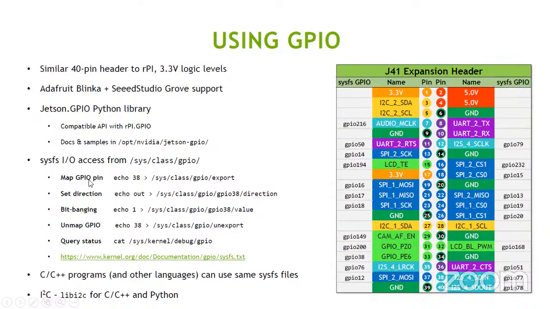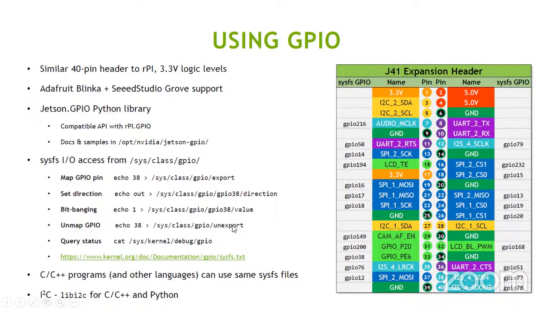This is for mapping the GPIO pin, to say that we are going to use GPIO pin 38. You can just run the command echo 38 to sys class GPIO export. Then echo out to configure pin 38 as output, and then make the pin high.